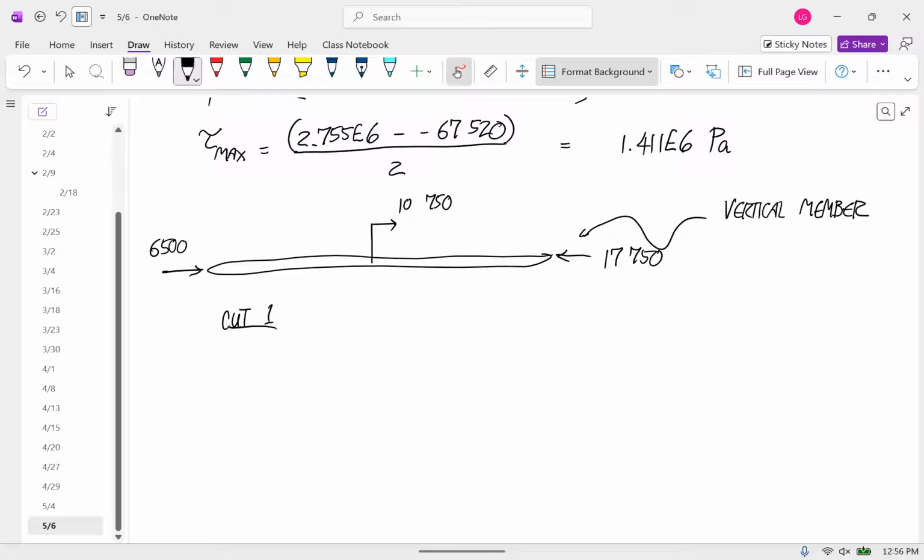And our cut one says that the tension is equal to negative 6,500. And cut two says the internal tension is equal to, so that would be negative 17,750.